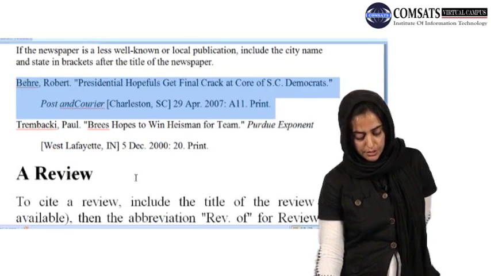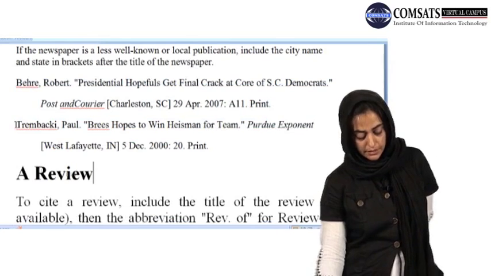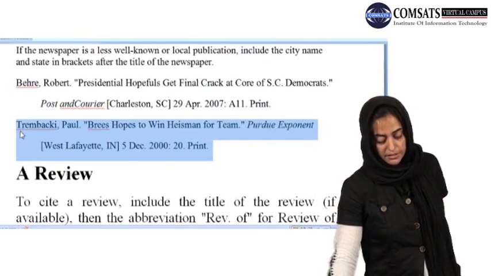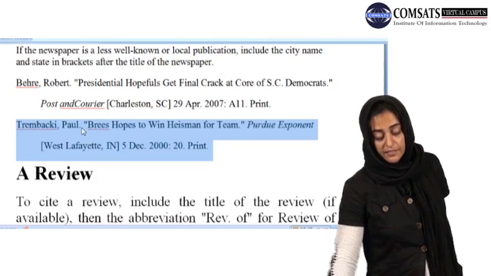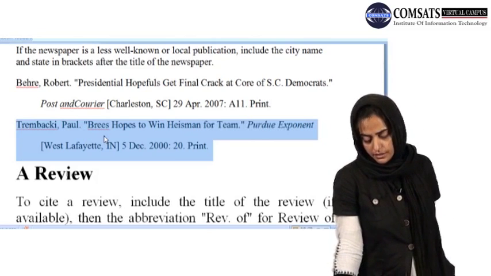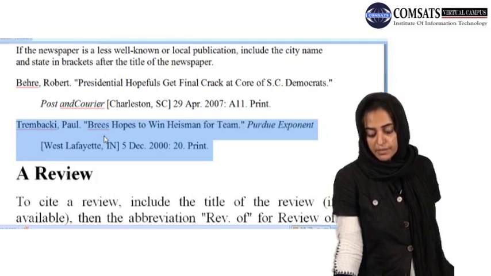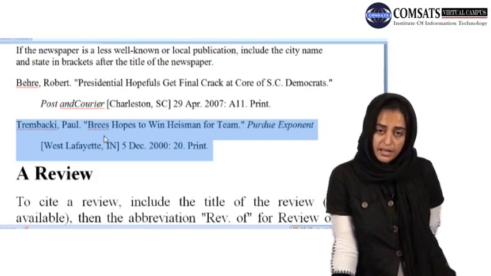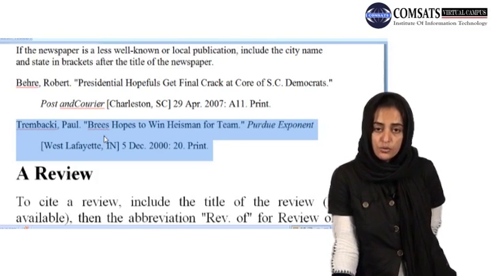Another example, dear students. Here, this is the name of the author, Paul, last name, first name fashion, then a dot, then in inverted commas, the name of the article, "Breeze Hopes to Win Hessman for Team," inverted commas close, Journal and Courier, and this is not a very well known newspaper.